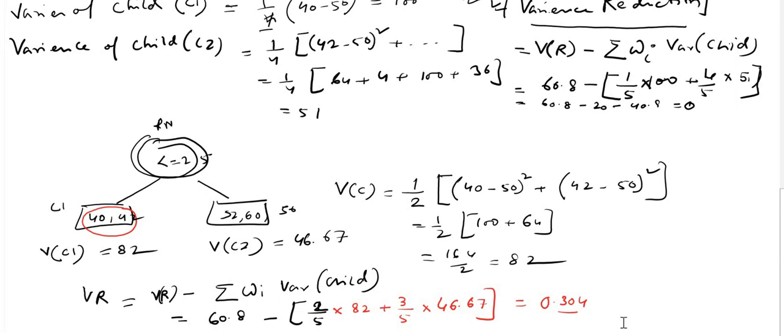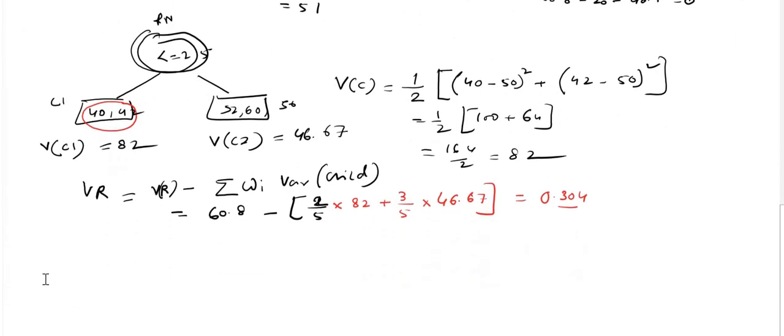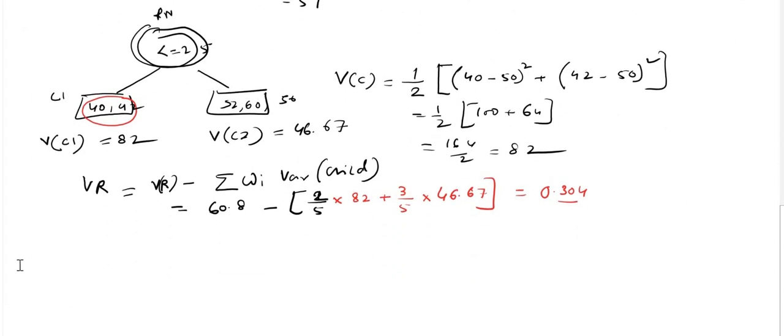So what is the important decision? First we calculated all these things, but then what is the important decision you're capturing?